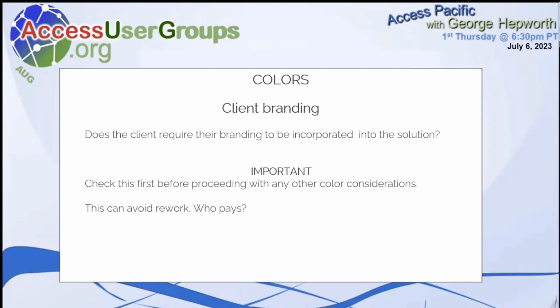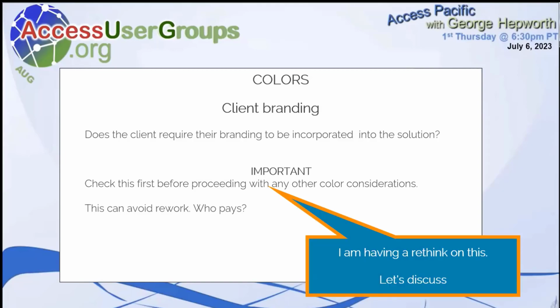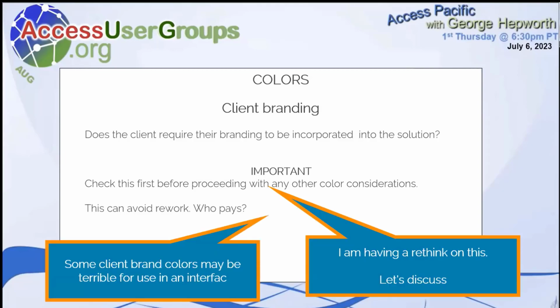And when I was preparing this, I was thinking, look, check this first before proceeding with any other color considerations to avoid those prickly discussions. But I'm having a rethink about it now. The thing is some client colors may not be fantastic for an interface.